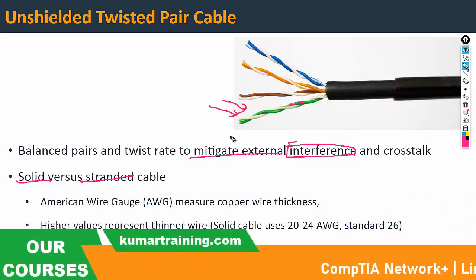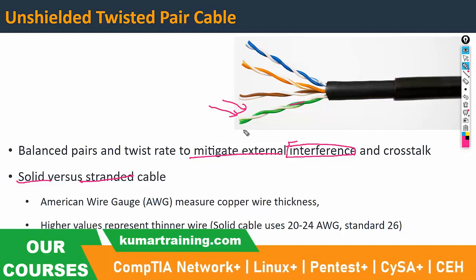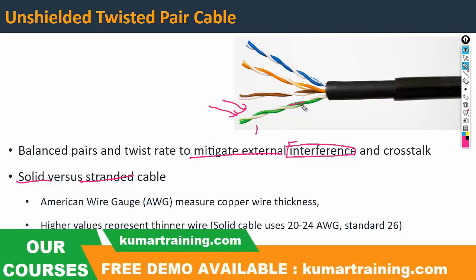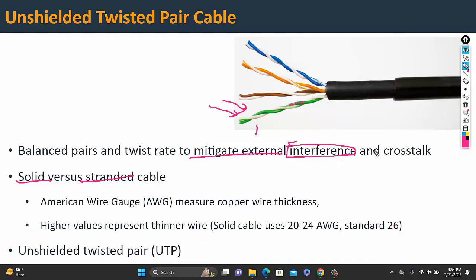Factors include clouds, temperature, wind, and moisture. These are the factors which cause interference. Another is crosstalk. Crosstalk means when the data is traveling, it generates the electromagnetic field, and if it is affected by another wire or another data, it is called crosstalk.